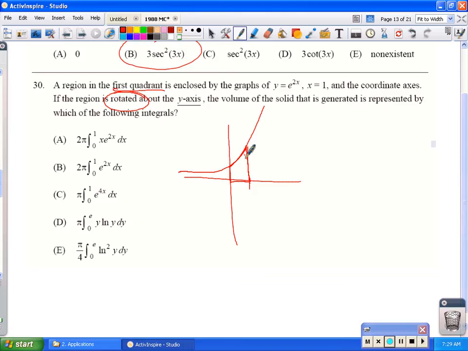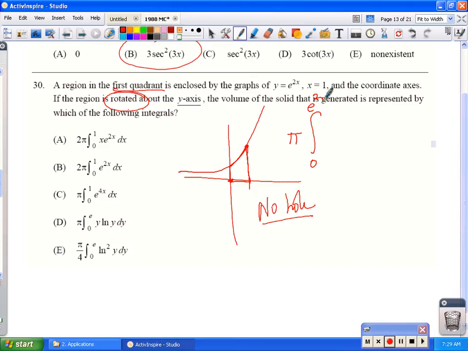So this is going to be a solid. Since we're revolving, remember we have pi r squared, the area of a circle. We're making circles here. There is no hole. This is going to be a solid region because the region is flush to the x-axis. The lower bound is going to be a y value of 0, and the upper bound is going to be the y value when x is 1, which is e squared, when I substitute 1 in place of x.